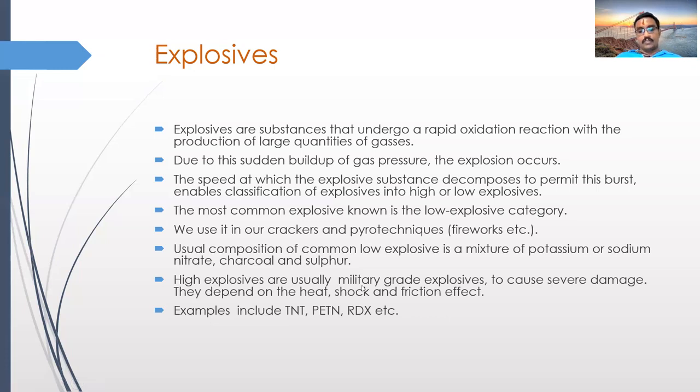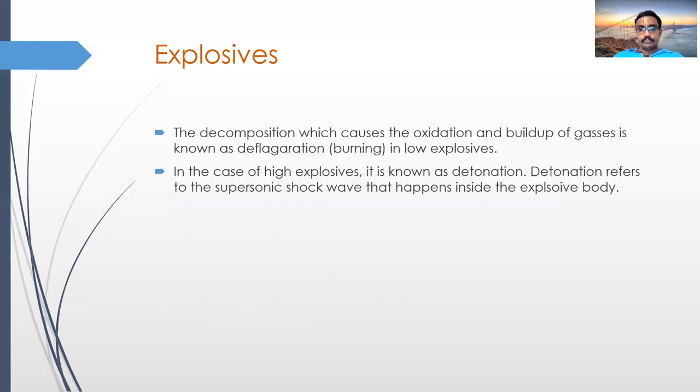High explosives are usually used as military grade explosives. They are made to cause severe damage, and they can easily explode with a little bit of heat, shock, or friction. Examples are TNT, PETN, and RDX. We'll be studying more of them in our chapters.